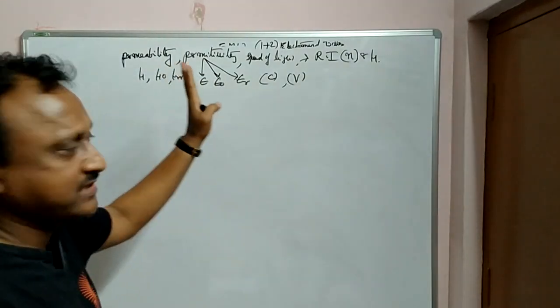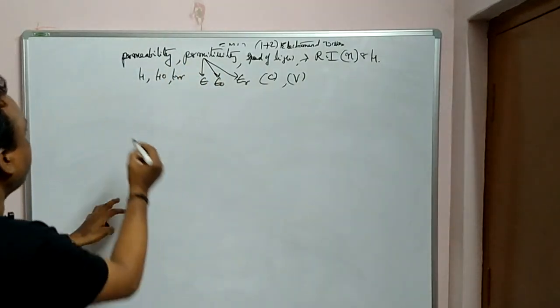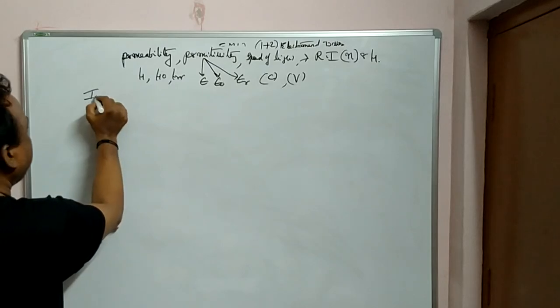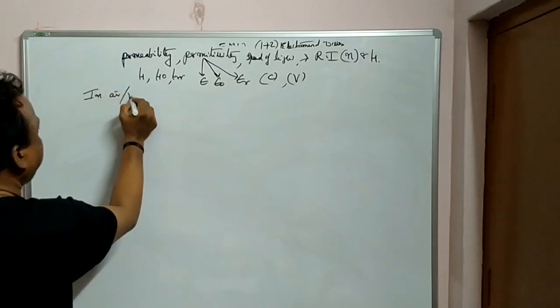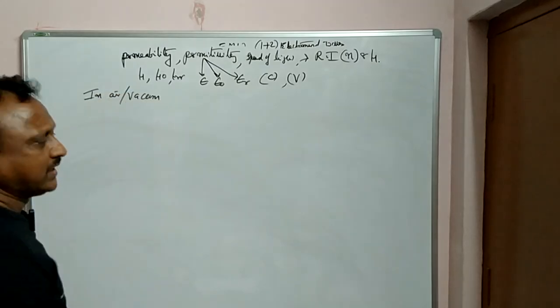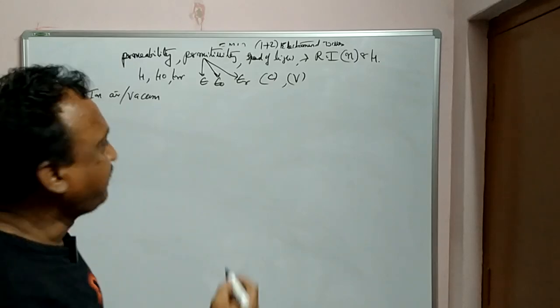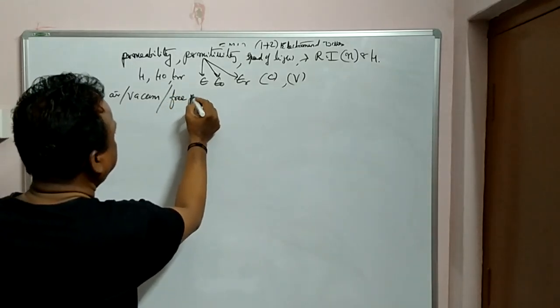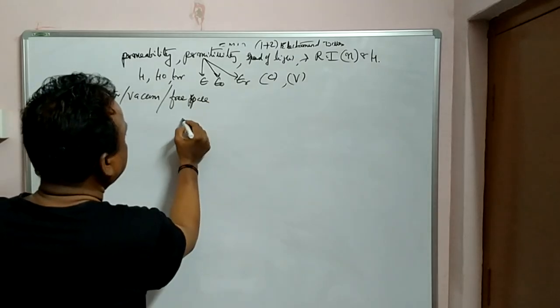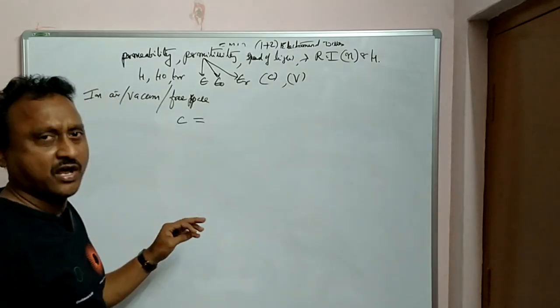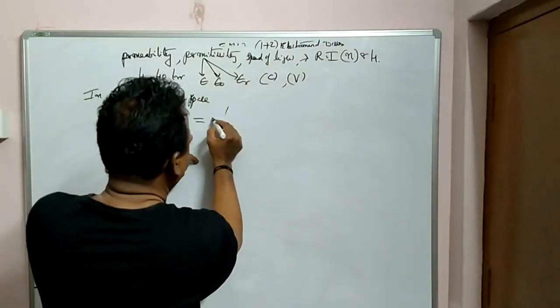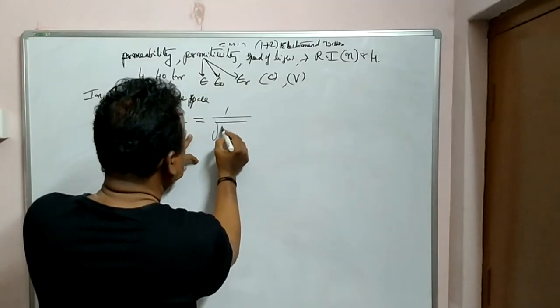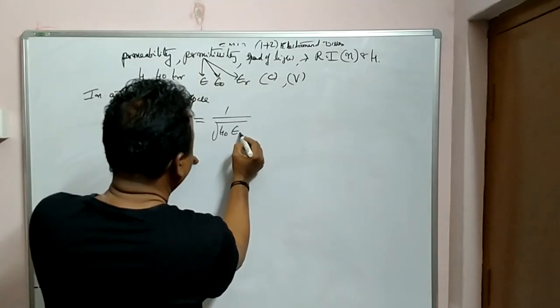So what are the relations involved? For example, in air, vacuum or free space, the speed or velocity of light is given by 1 by root over mu naught epsilon naught.